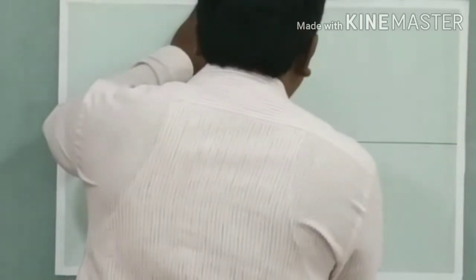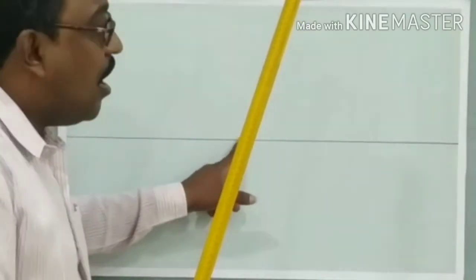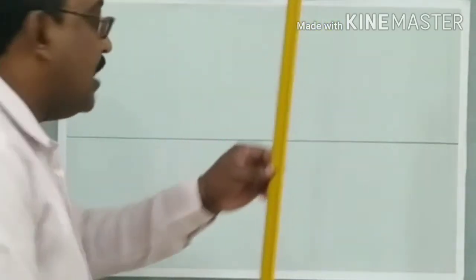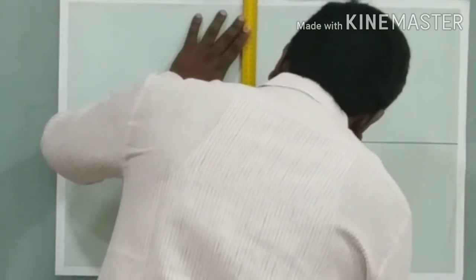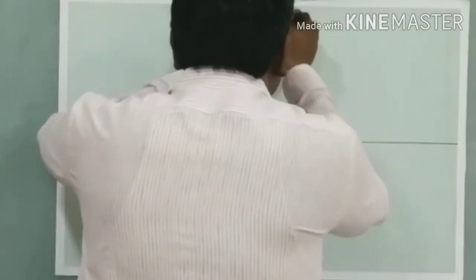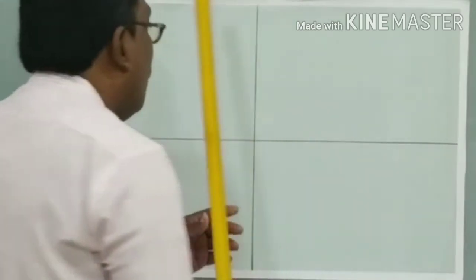Okay, this is one line. This line is named the horizontal line. Now I am drawing a vertical line. That means I am placing my scale into vertical position and drawing a vertical line. Okay, now this is the vertical line.